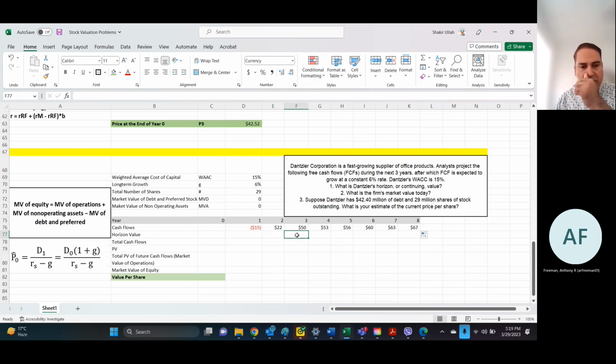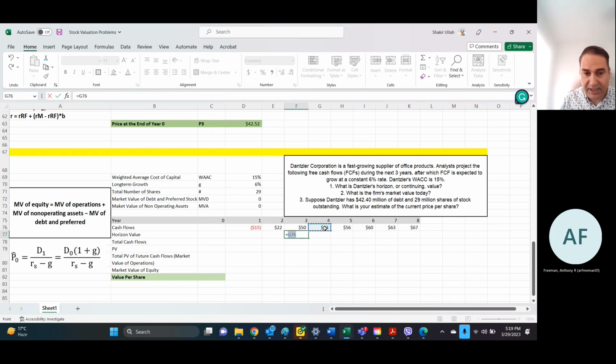And what we need to use is basically the dividend discount model. So just think about that next cash flow as the next dividend, and the rest of the variables are the same. In order to calculate the horizon value, it will be equal to D1, which is the next dividend. In this case, this is the next cash flow. Just to make it easy to understand, think about it as the next dividend.